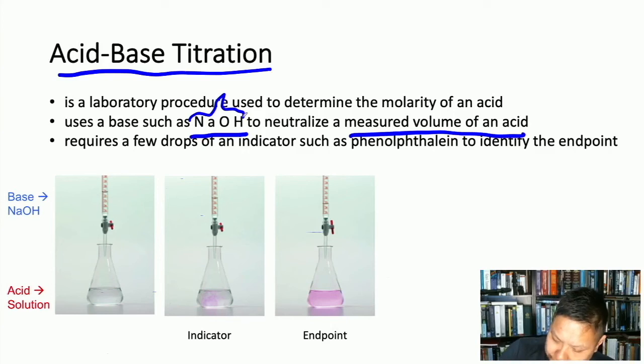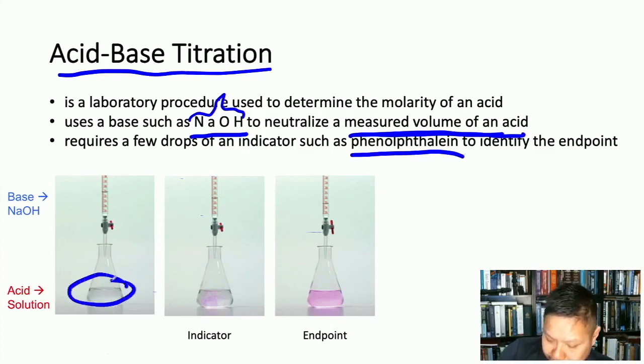So the way we know that we've actually neutralized the acid, making it so that it's 1-to-1 molar sodium hydroxide and acid, or I guess in this case, since it's a neutralization reaction, salt and water, is that we have an indicator in there in the form of phenolphthalein. And once things are neutralized, this is the acid at the bottom, and the base is in the titrator up there.